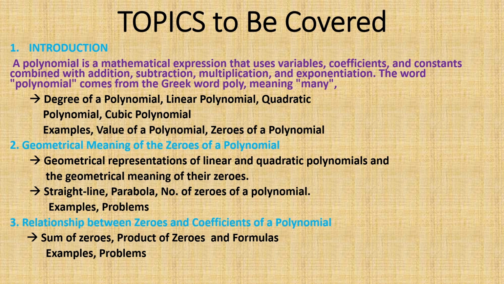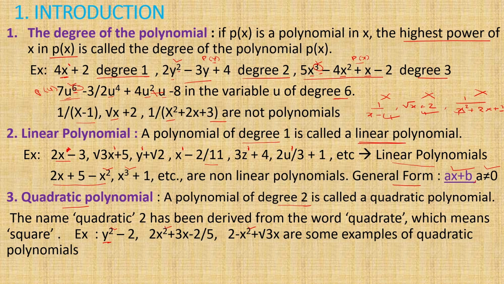All these things combined to get a mathematical expression is called a polynomial. And we have seen the degree of the polynomial. What is the degree of the polynomial? Remember this. The highest power of x in p(x) is called the degree of the polynomial. The highest power of the variable x is nothing but the degree of the polynomial.